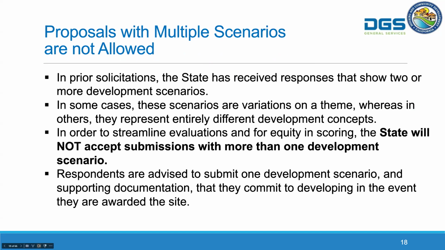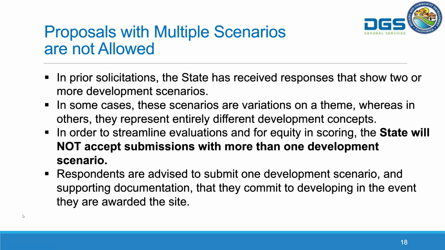Proposals with multiple scenarios are not allowed. In prior solicitations, the state has received responses that show two or more development scenarios. In some cases, these scenarios are variations on a theme, whereas in others, they represent entirely different development concepts. In order to streamline evaluations and for equity in scoring, the state will not accept submissions with more than one development scenario.